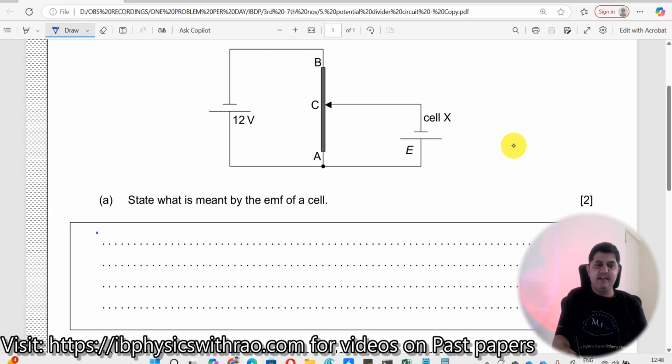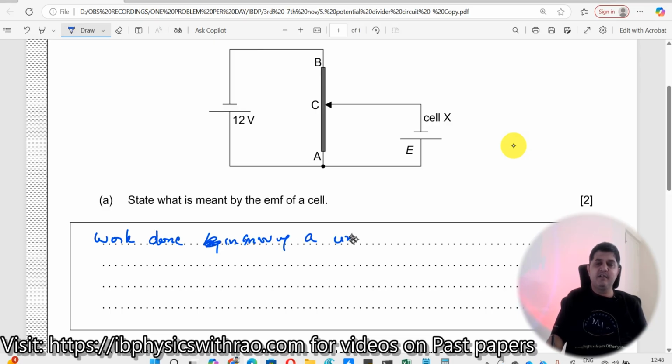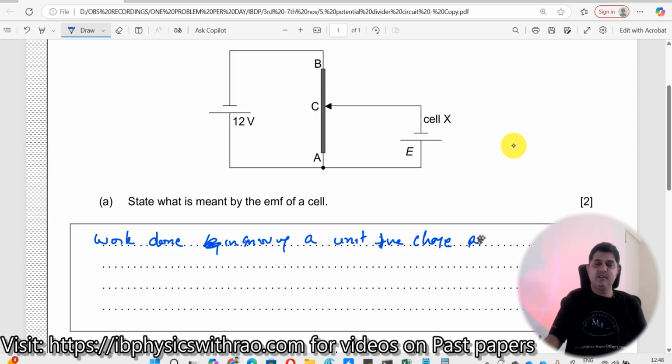So you should define this as work done in moving a unit positive charge around the circuit.